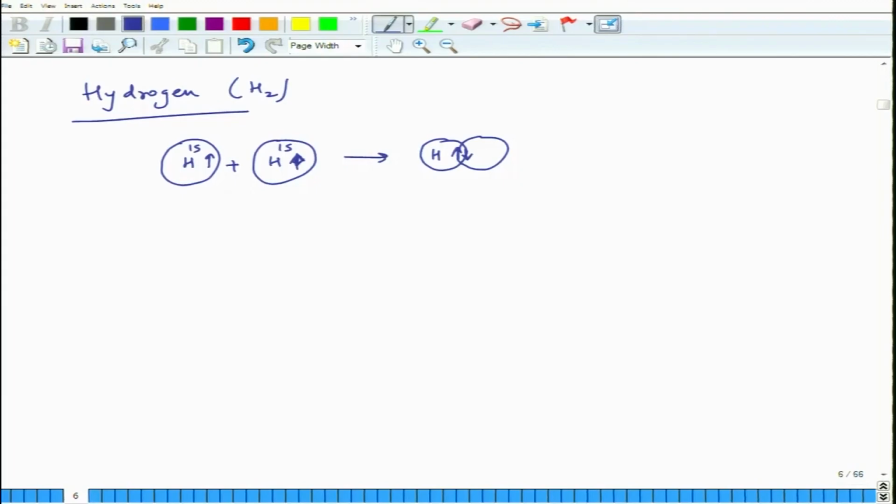So this would be H, and they would form what we call H2 molecule, which is a covalent molecule, and you can see that the orbitals can interact with each other because they are spherical, symmetric orbitals, and they just have to share one electron each.